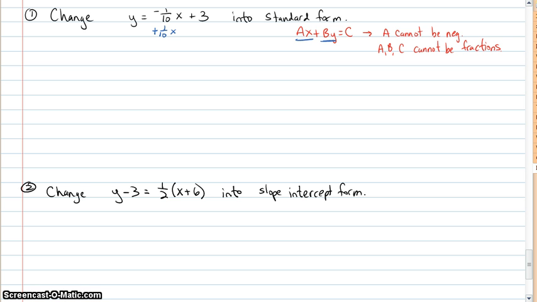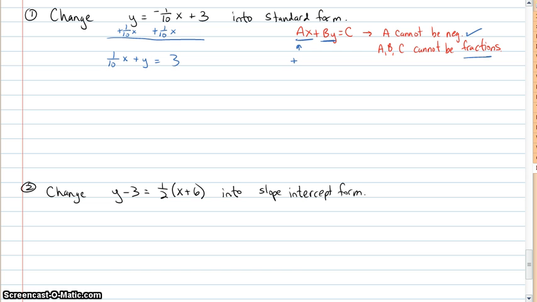So I'm going to add 1/10 x to both sides. Now I have 1/10 x plus y equals 3. The a value, aka the number in front of the x, is positive. 1/10 is positive. So I have that first restriction taken care of.